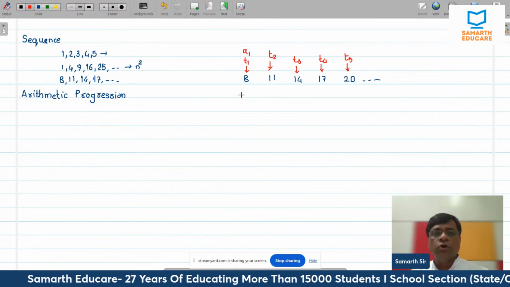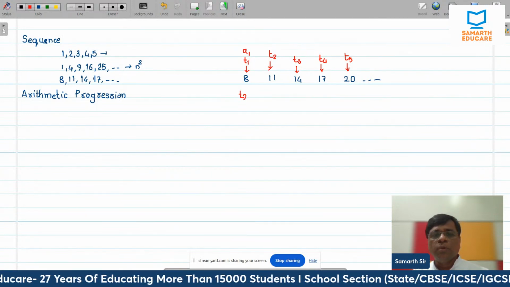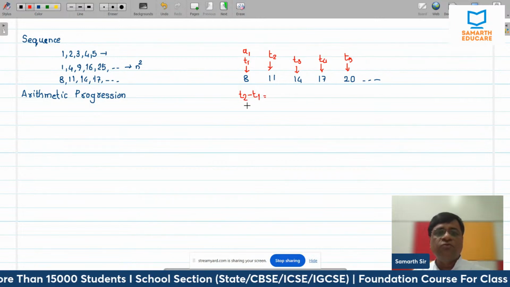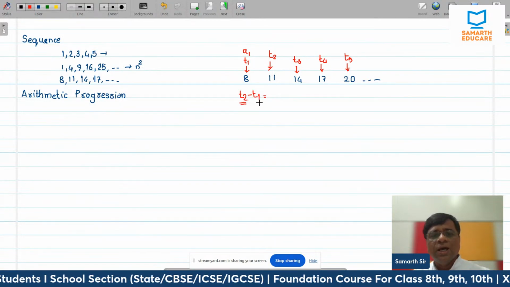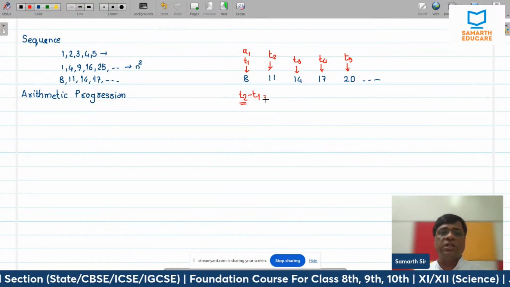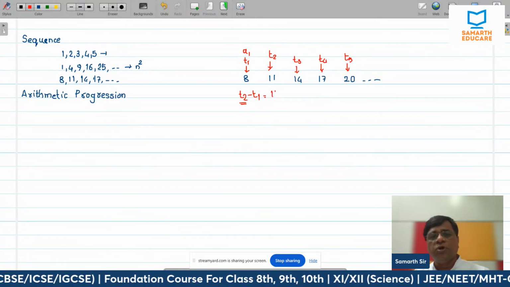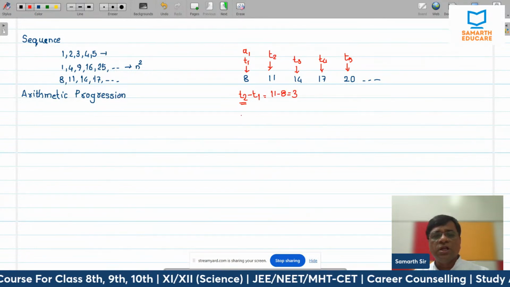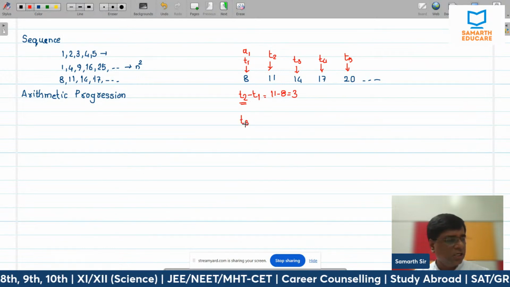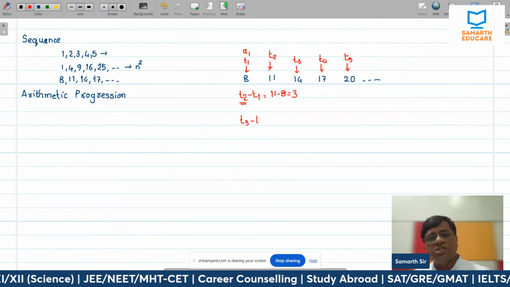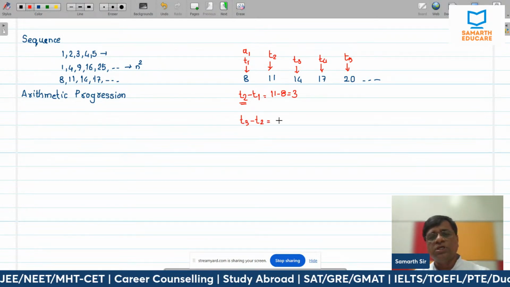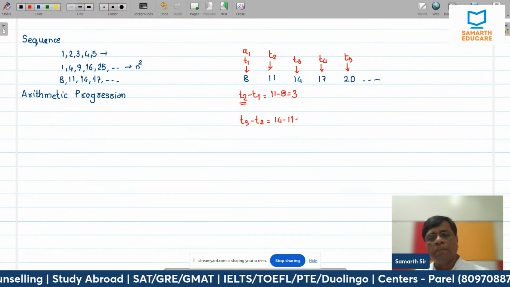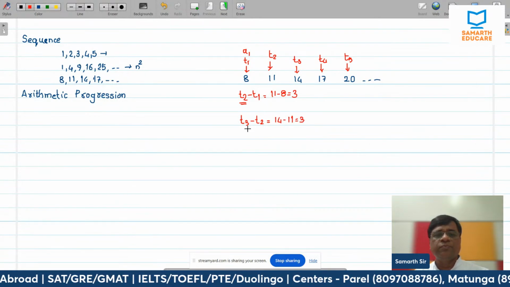Now, if you observe, what is the value of T2 minus T1? T2 minus T1, that is the difference between a term and its preceding term, meaning previous term. Here you can see 11 minus 8 is equal to 3. Similarly, T3 minus T2 is equal to 14 minus 11, which is equal to 3.